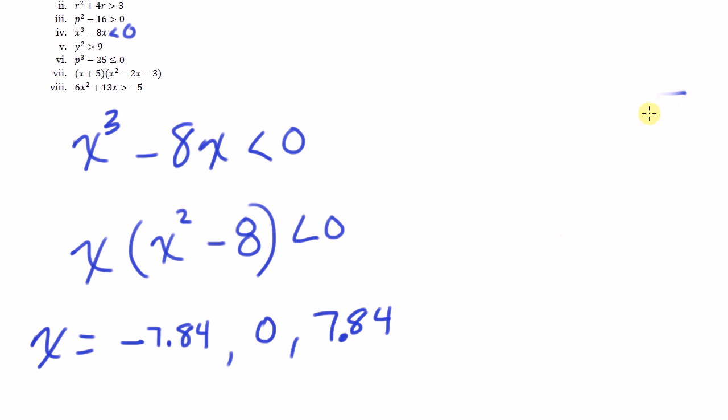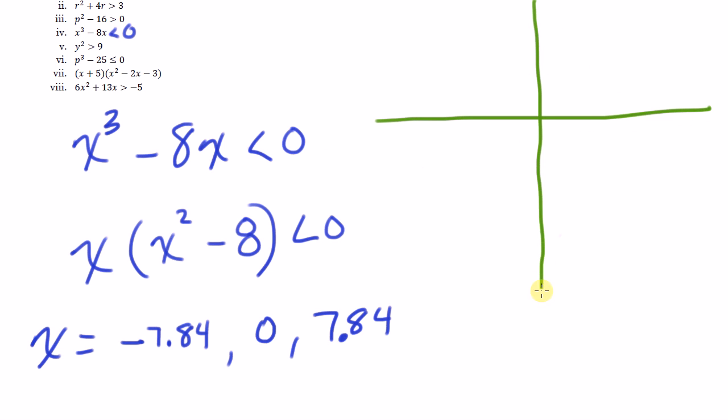It's positive cubic, so it's going to have the general shape of the cube function, x cubed. So it's going to go through this point, negative 7.84, and it's going to go through 7.84, and it has to come from negative infinity. So it's got to come up here and do something, and it's got to go off to positive infinity.